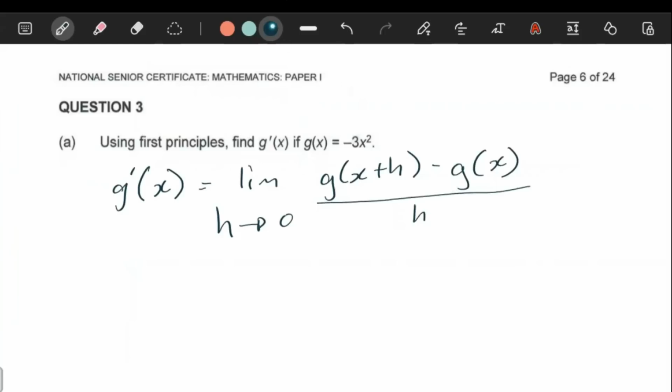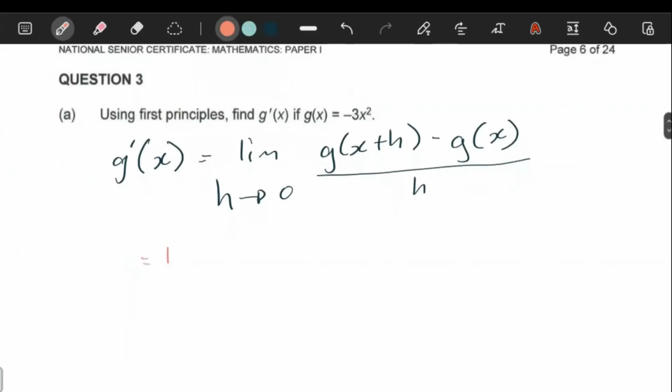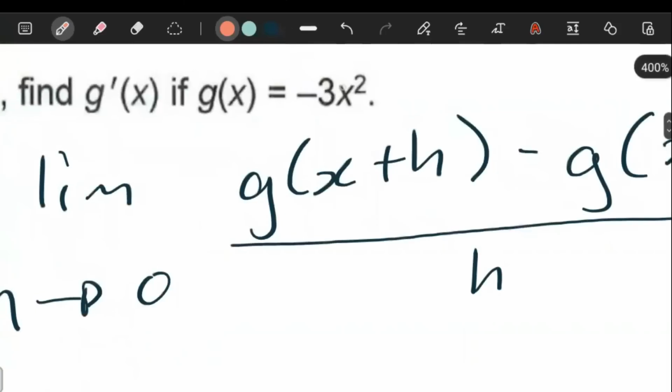Now, in this situation, it doesn't seem like we have a difficult question. So let's just throw in our value for g.